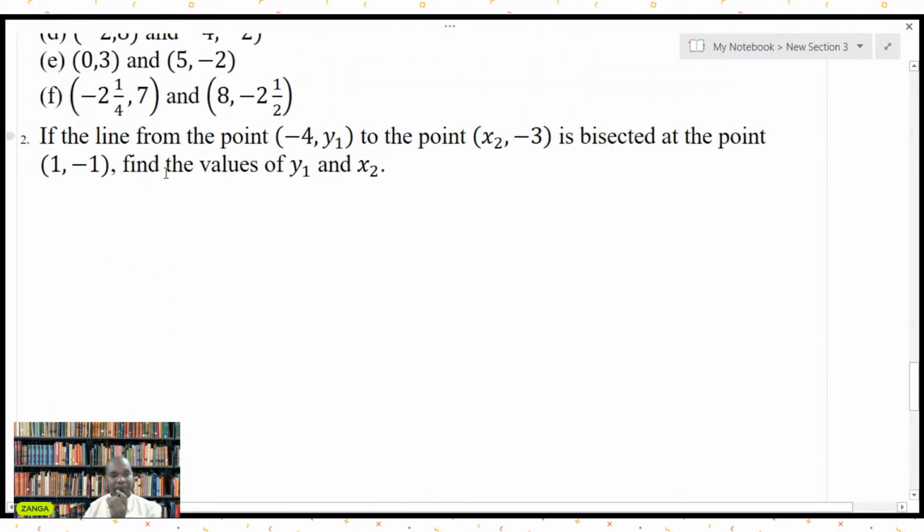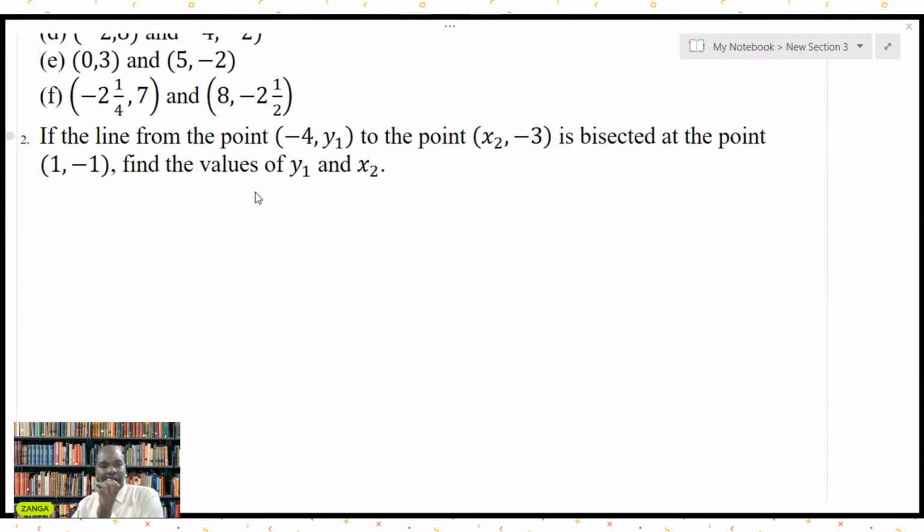So the question is, if the line from the point negative 4 comma y1 to the point x2 comma negative 3 is bisected at the point 1 comma negative 1, find the values of y1 and x2. So as you can see the question, we are supposed to find the value of y1 and x2, but don't forget that the midpoint is already given.